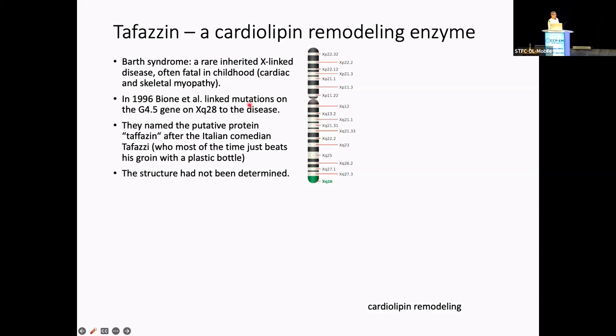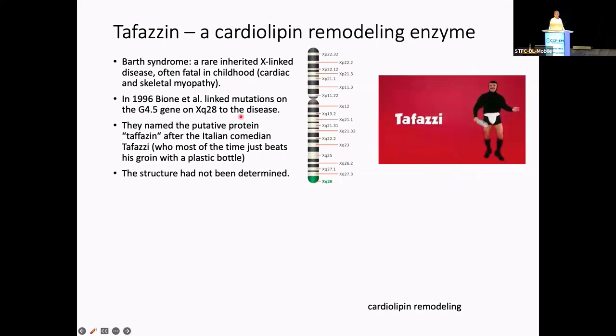So the Italian group who identified this protein named this after an Italian comedian called Tafazzi, who usually goes around hitting himself with a plastic bottle because of frustration. So probably the group had a lot of problems identifying this protein. But it was also prescient because 25 years later, the structure of tafazzin had still not been determined.